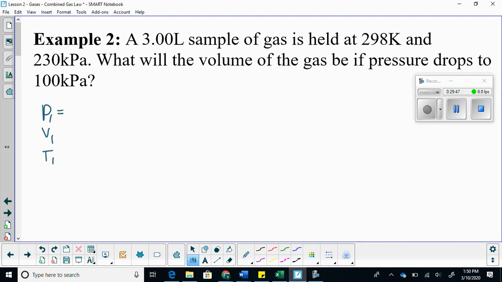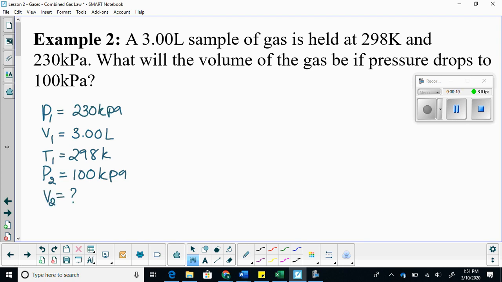So P1 is equal to 230 kilopascals, V1 is 3 liters, T1 is 298 Kelvin, P2 is 100 kilopascals, V2 is our unknown, and T2 is constant.